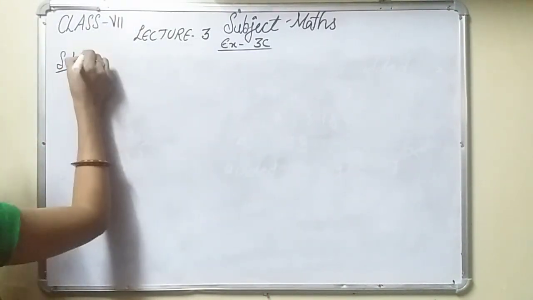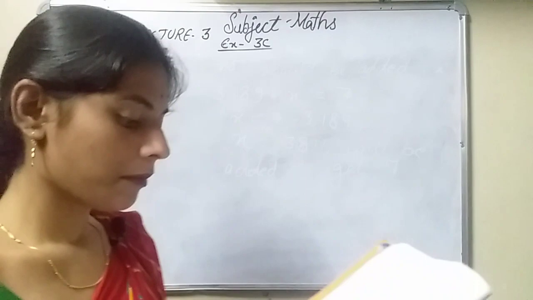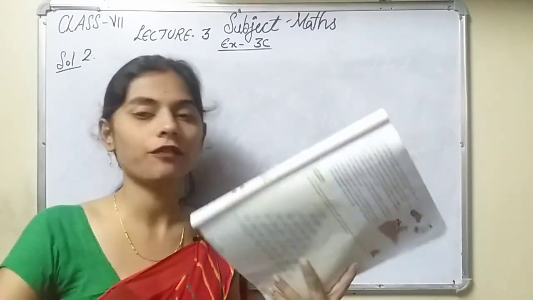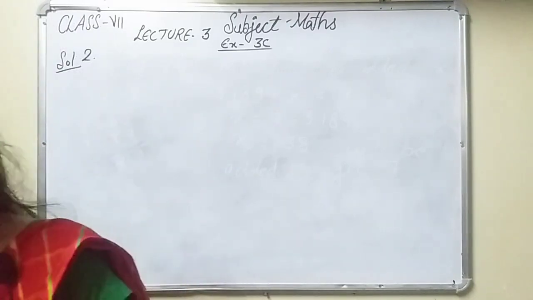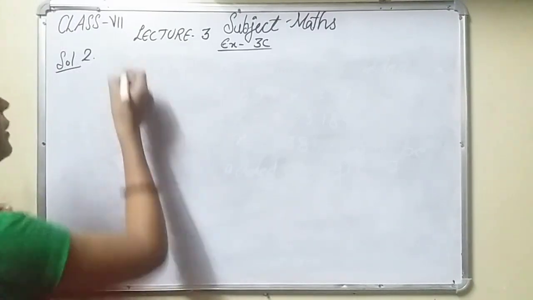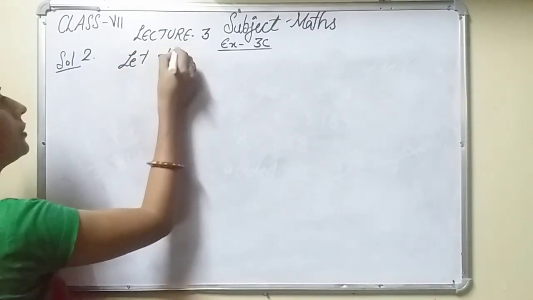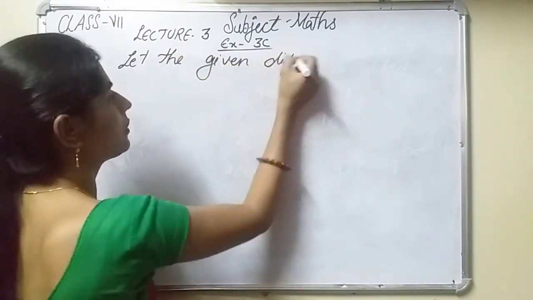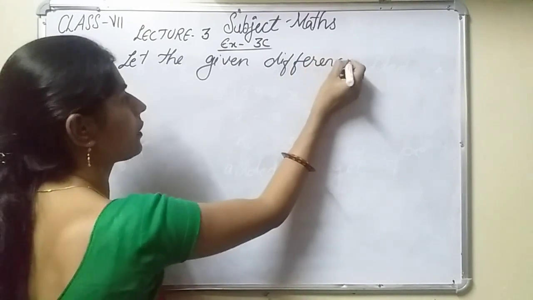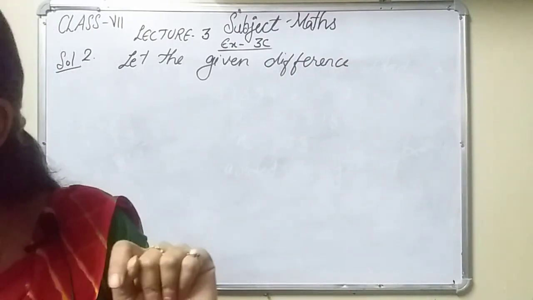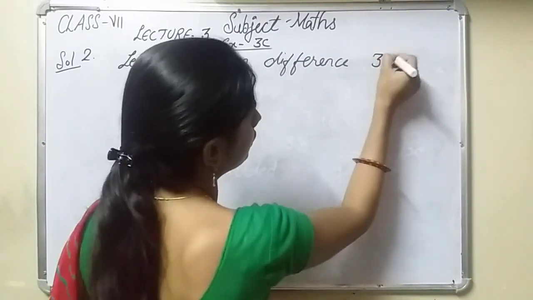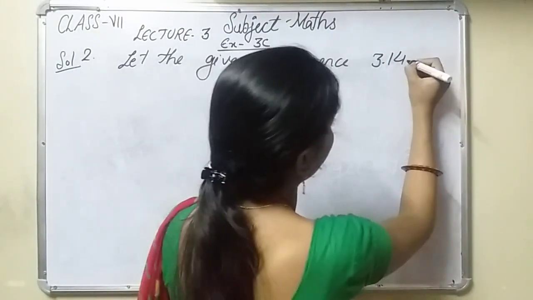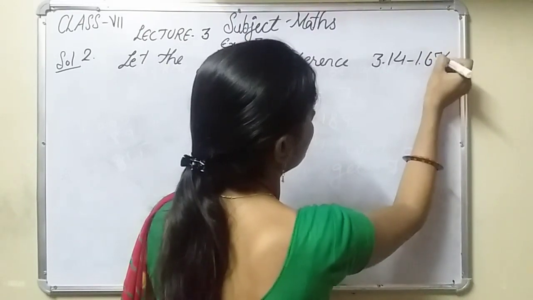See question number two. What should be added to the difference of 3.14 and 1.674 to get 9? Now see, let the given difference be 3.14 minus 1.674.